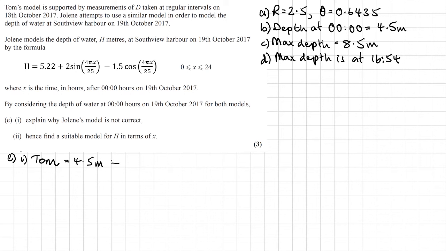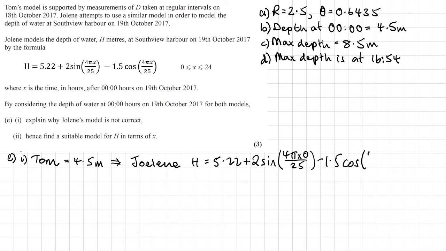Right, let's see what Jolene's one gives us. So depth of water H is going to be 5.22 plus 2 sine, and then x is going to be 0, so it's 4 pi times 0 over 25, which is essentially 0, minus 1.5 cos 4 pi times 0, again, which is 0 over 25.